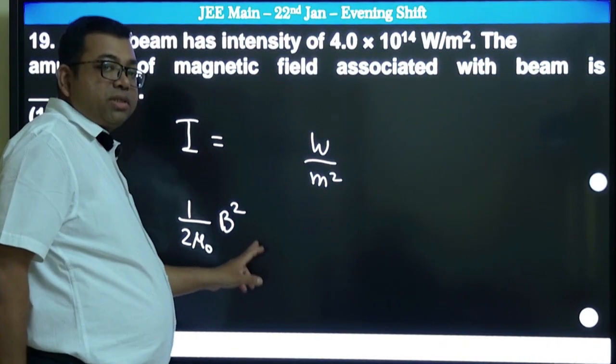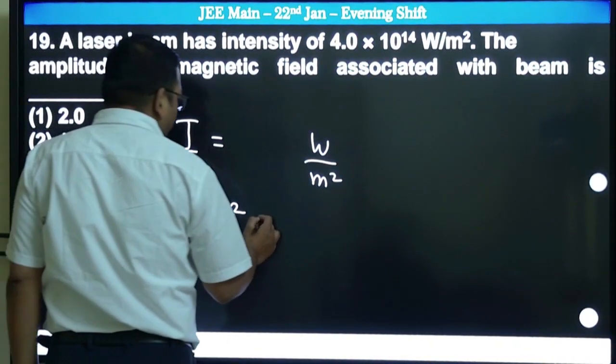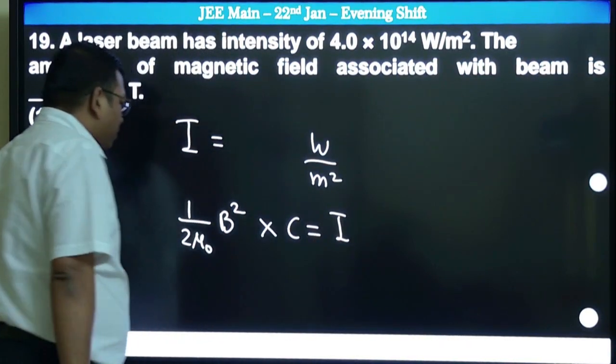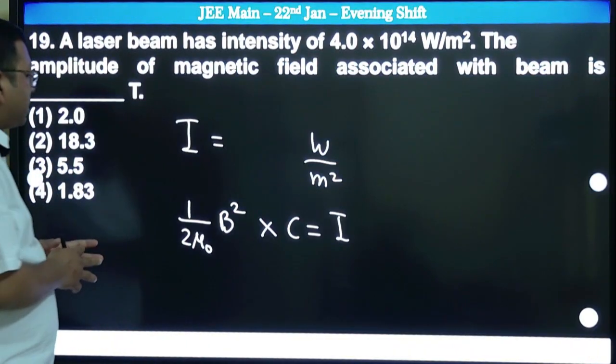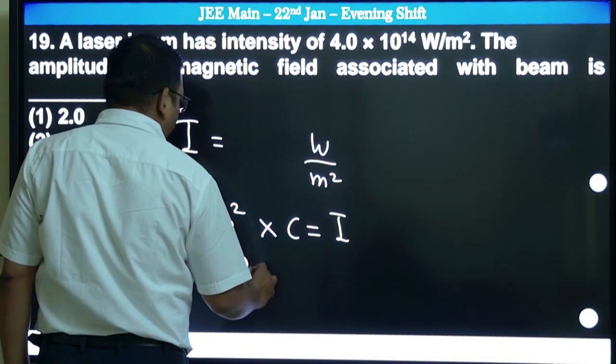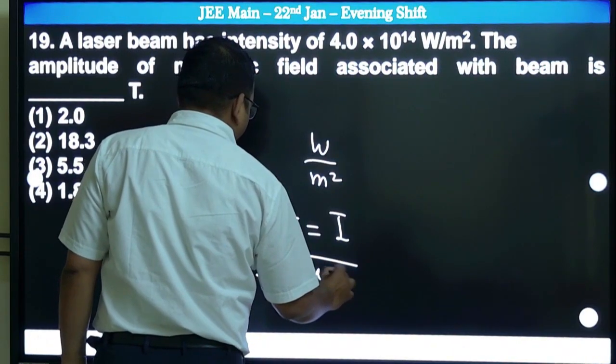Energy density means energy per unit volume. So if you multiply it by the speed of light, you will get I. Using this we can solve. So B square, B will be root under 2 mu naught I by c.